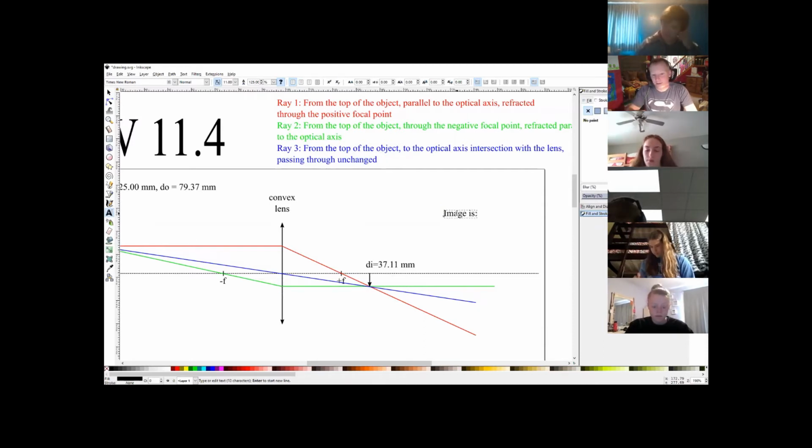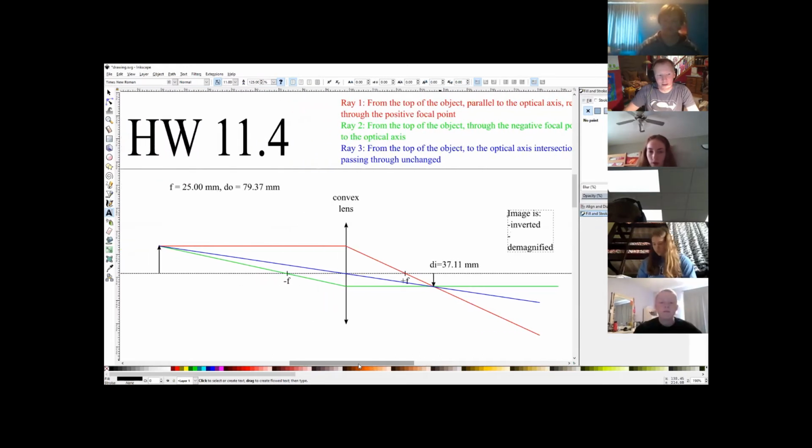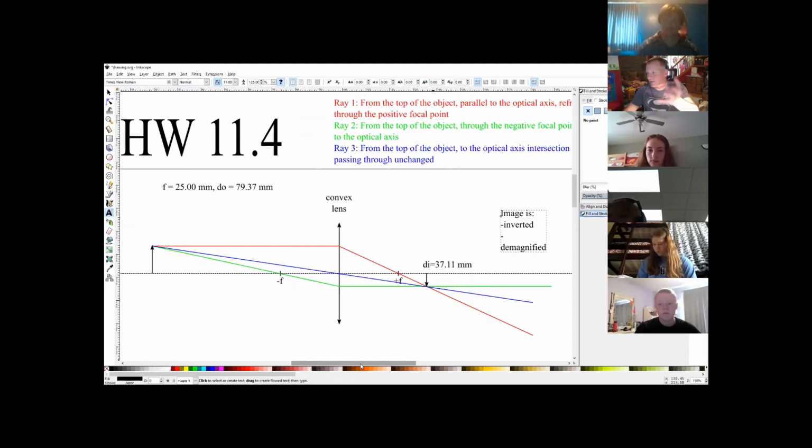One thing we can definitely tell from this is that it's inverted. It's demagnified, meaning smaller. As part of this inversion, we are looking in 2 dimensions, but this is rotationally symmetric.